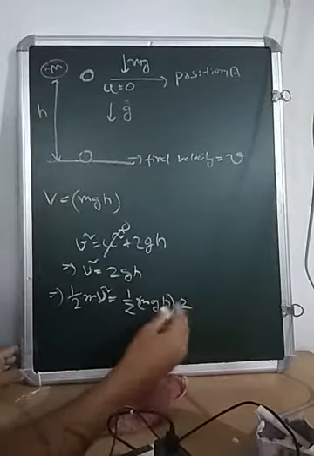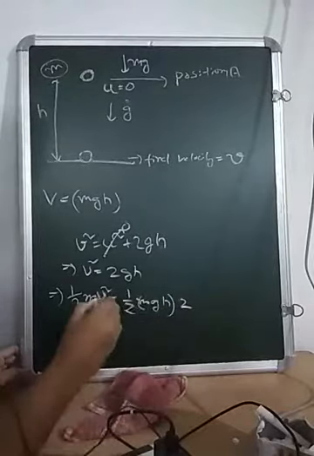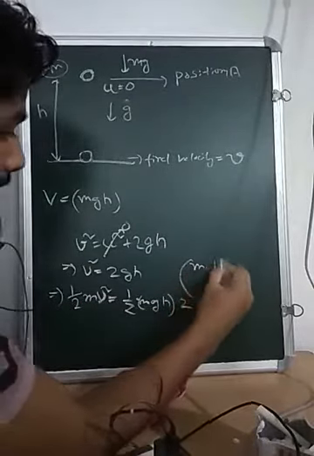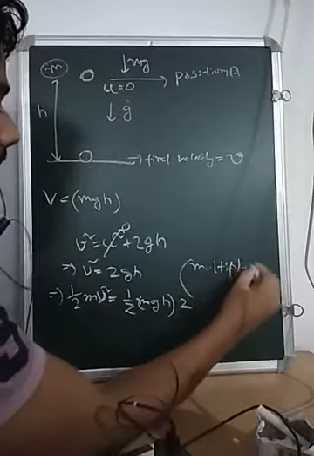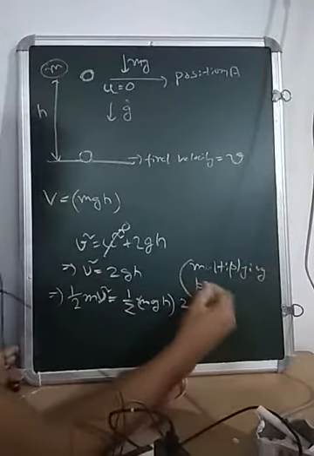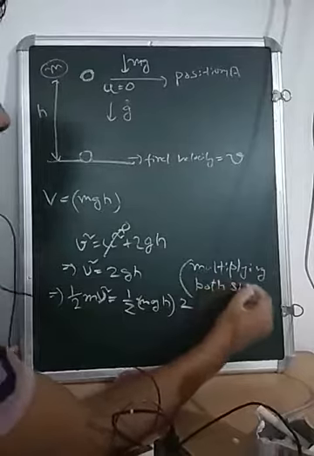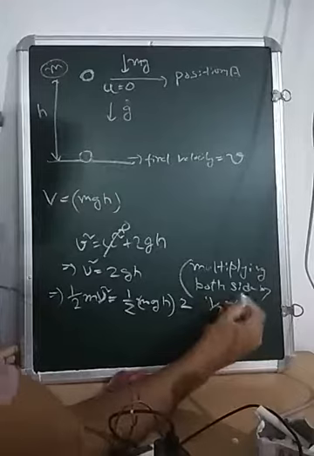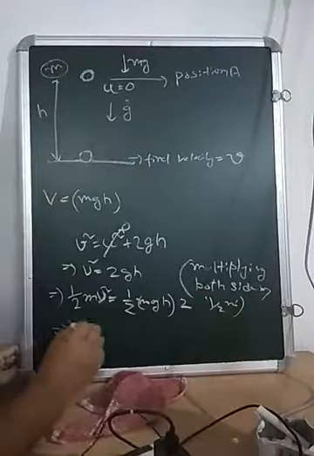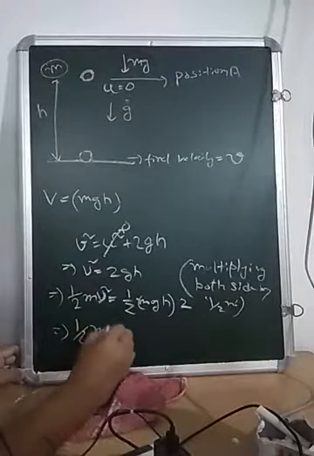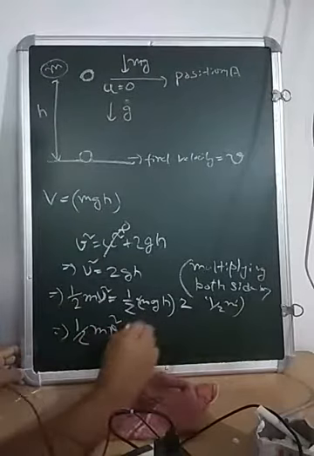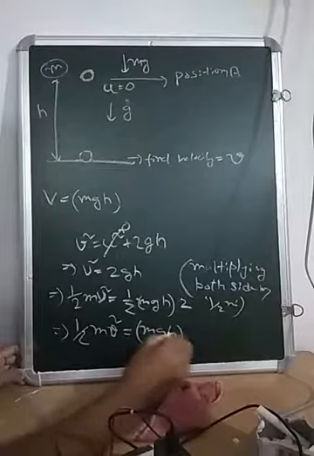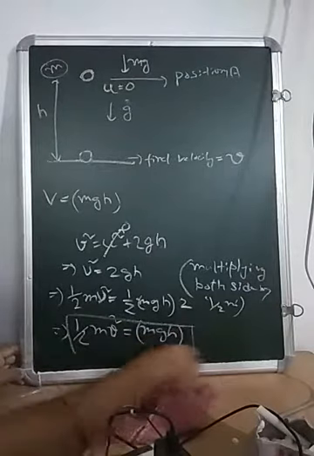Multiplying both sides by half of m, what we get is half of m v squared, where v is the final velocity, is equal to m g h.